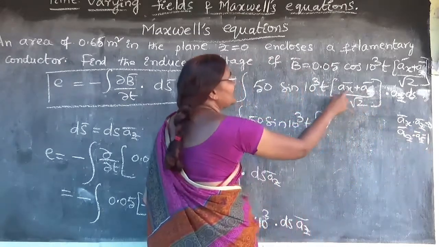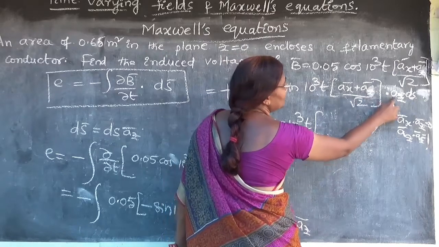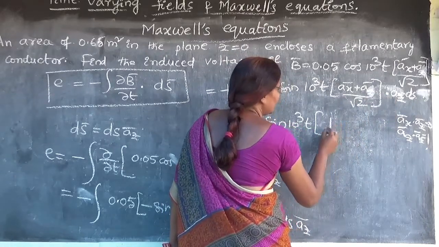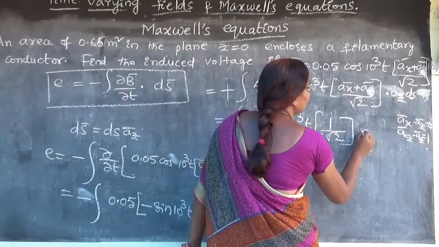So I will have only this condition. So az bar dot az bar is equal to 1, by root 2 dot ds.